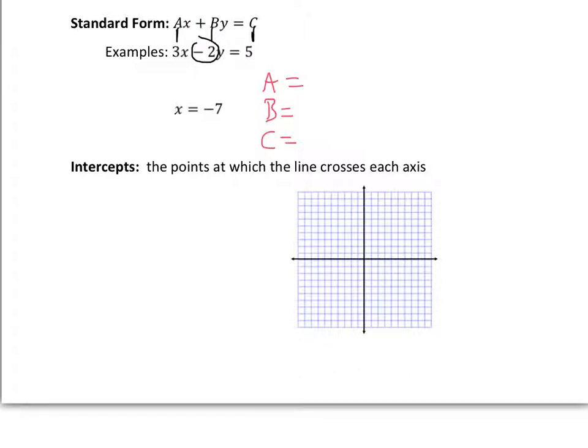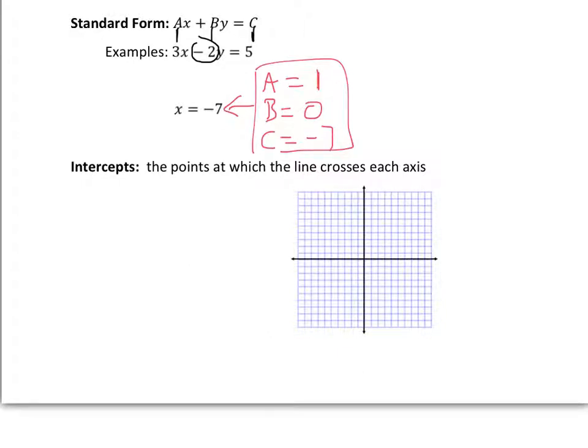Since there's nothing written, we assume there's an imaginary 1 there. Now B is the coefficient in front of y. Since y doesn't appear at all, B is going to be 0, and C is the constant on the right, so that's -7. So that would be A, B, and C for that equation.